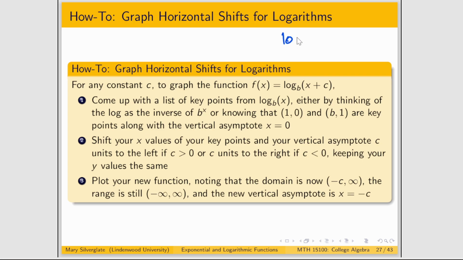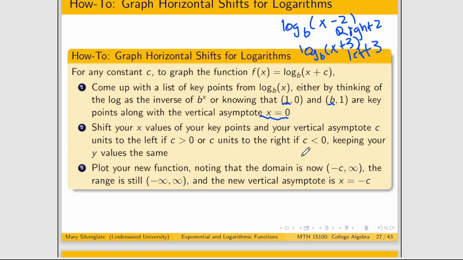So if I have log base b of x minus 2, that means we're moving to the right 2, versus log base b of x plus 3, that means we're moving to the left 3. Whenever you have left-right shifts, you want to move the x value on all of your points, and that means you also want to move the vertical asymptote. This is the only type of shift that also shifts the vertical asymptote.